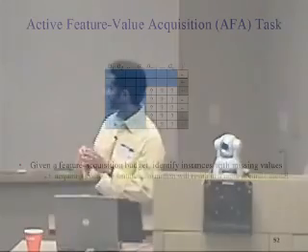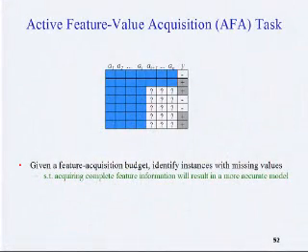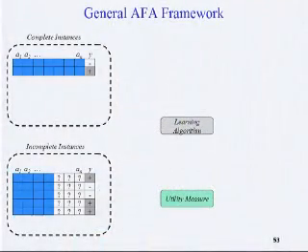However, for the other set of instances, some of the values may be missing, and basically the entire set of these missing values for an instance can be acquired at a cost. Right? And so the task is then, given a feature acquisition budget, we want to identify which of these instances do you want to acquire all the missing values for. And you basically select instances such that acquiring this complete information would result in more accurate models.